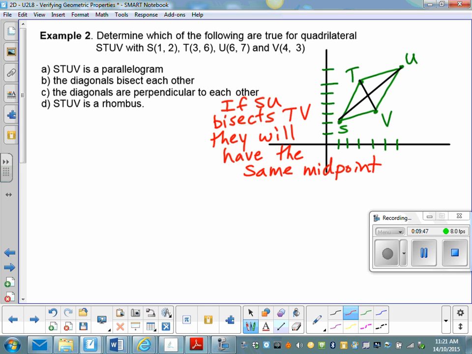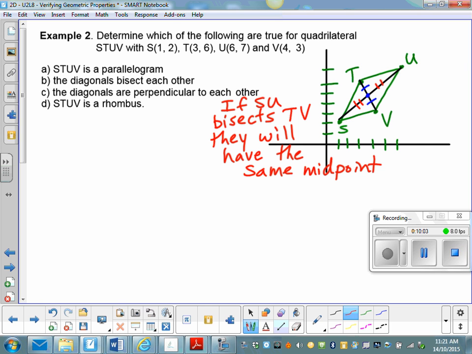Because if they bisect each other, it means that that line segment is equal to that line segment, and that line segment is equal to that line segment. So if that's the case, that point in the middle has to be the midpoint of each of those lines.